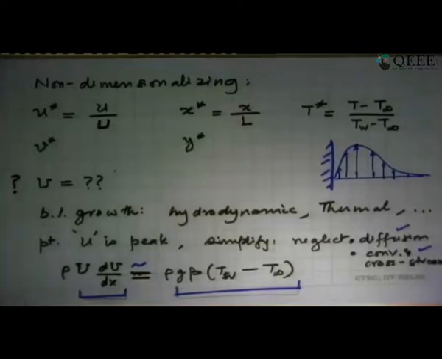We can equate these two, and now to do a small simplification, we can integrate it and say that u is proportional to the square root of g beta (Tw minus T infinity) into x.